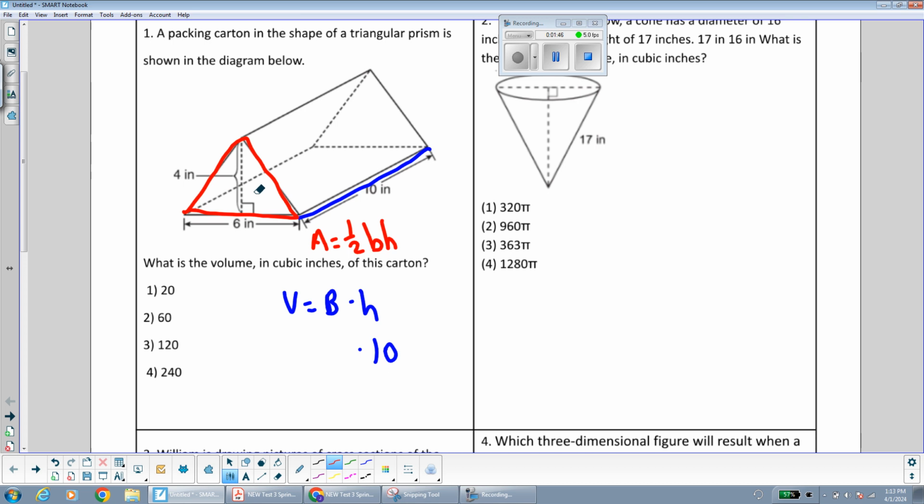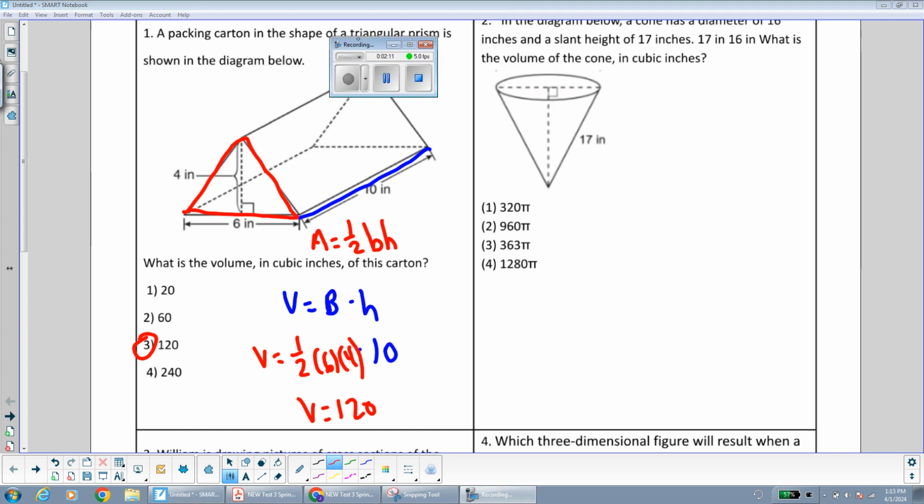So area of this triangle would be 1/2 times 6 times 4. So I'm going to put that here, 1/2 times 6 times 4 times the height of the whole prism, which is 10. 6 times 4 is 24, half of that is 12, times 10 is 120. So 120 cubic inches is the volume of this curtain.